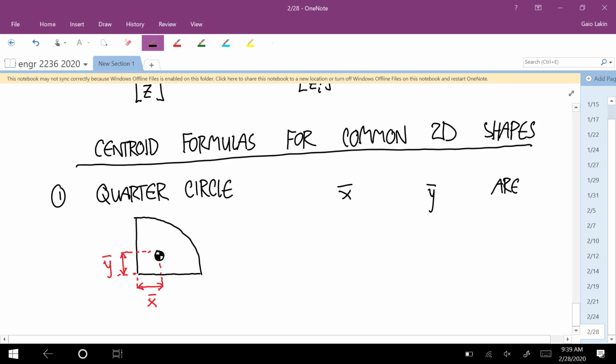And the reason you need that area formula is so that you can use these simple shapes with the sum formula. All right, well, x bar is 4r over 3 pi. There's a symmetry here, so the y bar formula has to be the same. And then the area is just a quarter of the area for a circle, so pi r squared over 4.